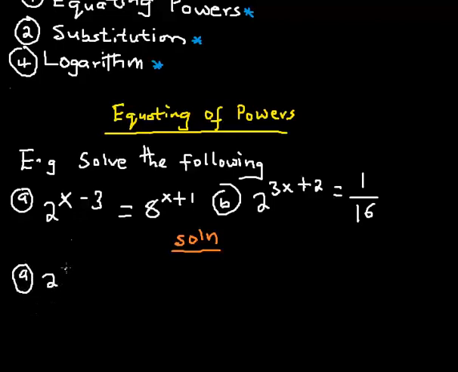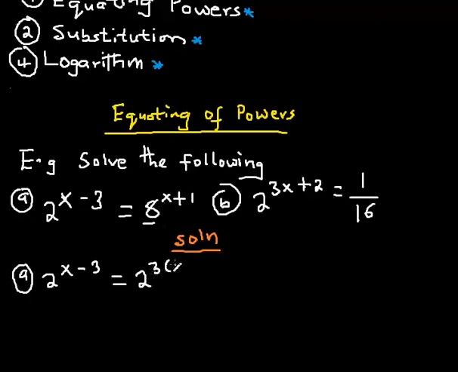So in this particular equation, starting with a, I have 2 raised to the power of x minus 3 equal to 8 raised to x plus 1. I have to transform this 8 to index form. Transforming 8 to index, that's going to be 2 raised to the power 3, you know that already.